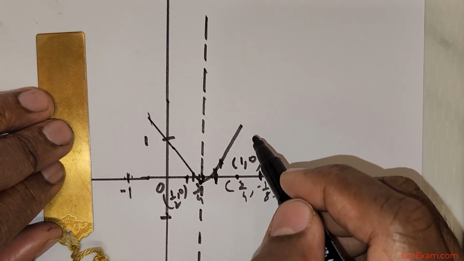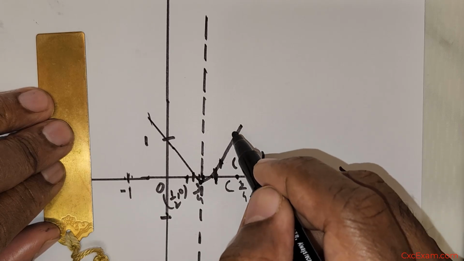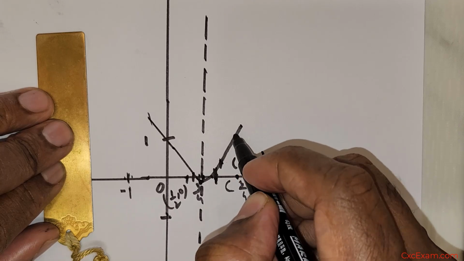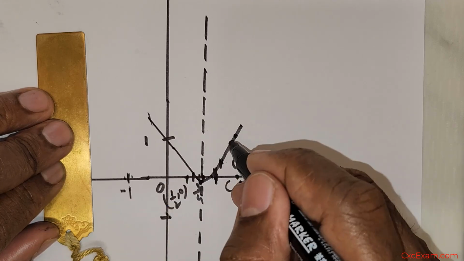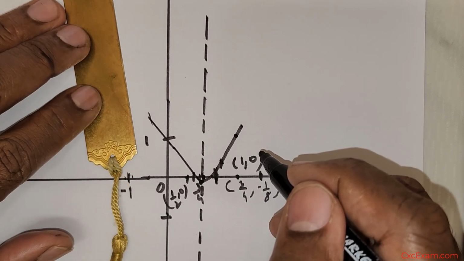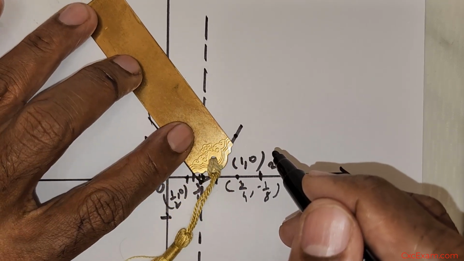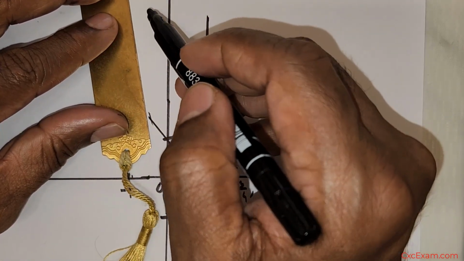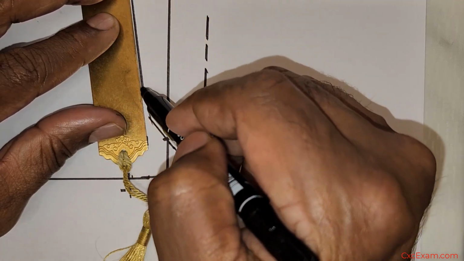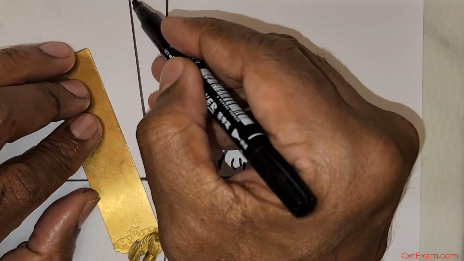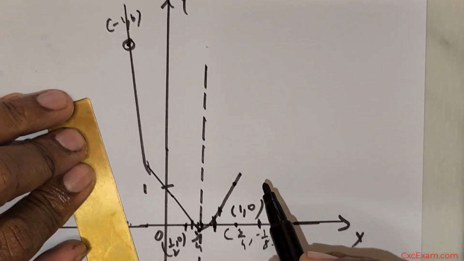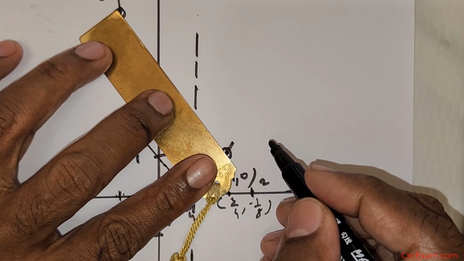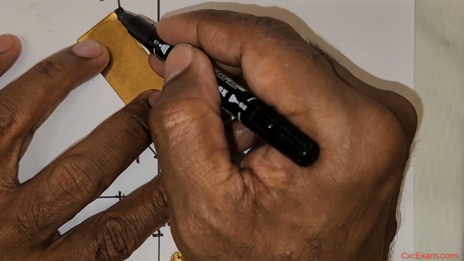So that is going to be over here. Okay, 3/2, 1. So now this is going to be the line, and our U-shaped graph will hit like this, right? So this is one intersection, and this is the next intersection for the line. So you will have to join these 2 points.